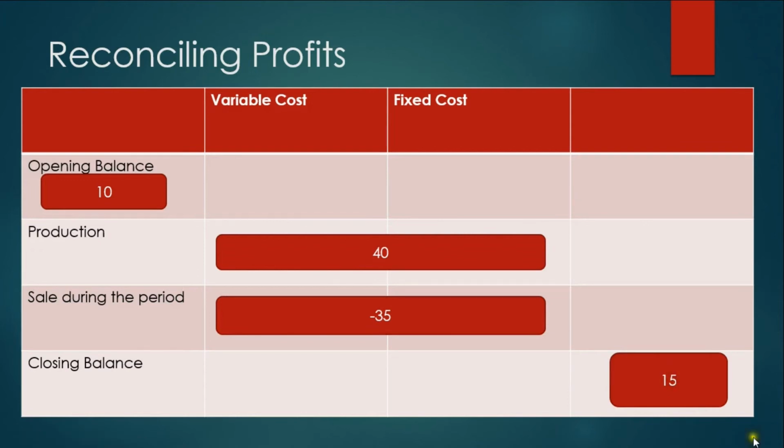So these 15 items go to the balance sheet as the closing inventory. I show to my people that I have 15 items in stock in the balance sheet, and these 15 items have variable cost and some part of the fixed cost that was absorbed into these 50 items.